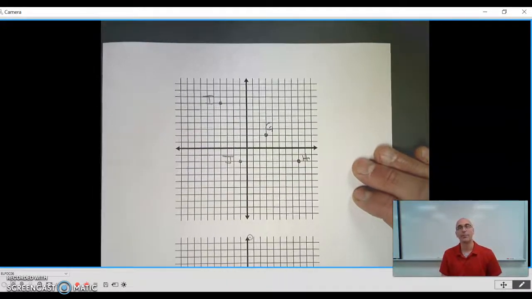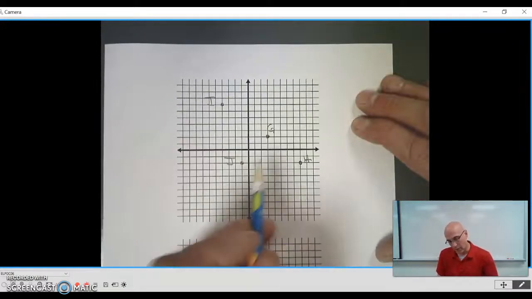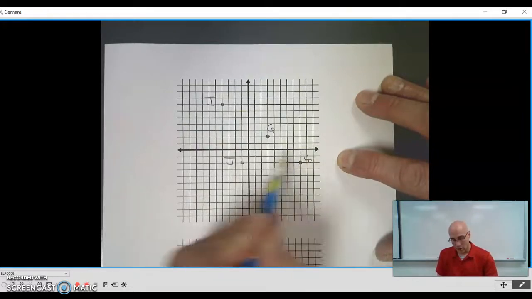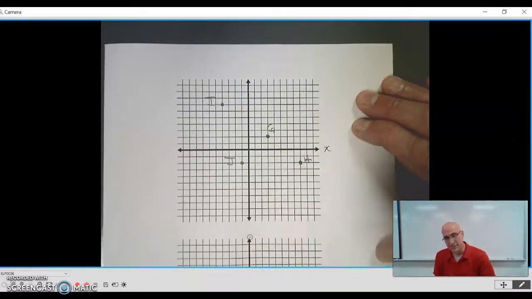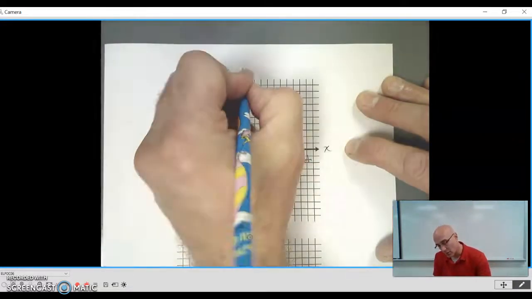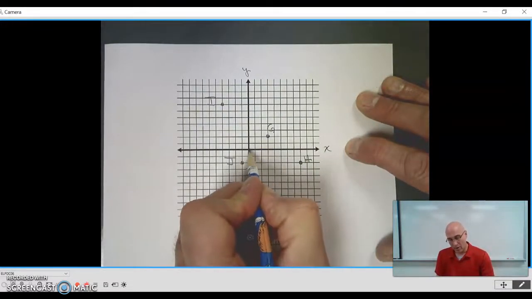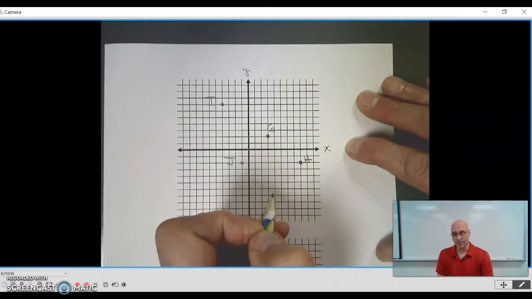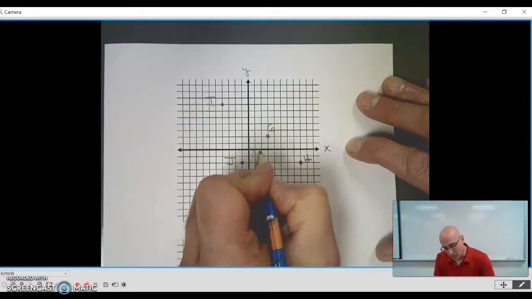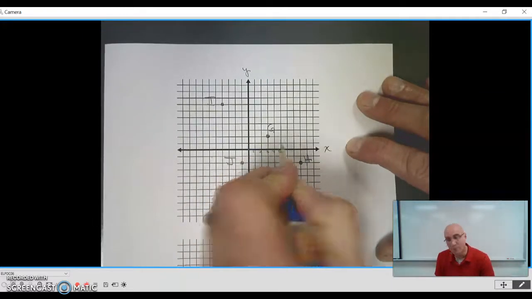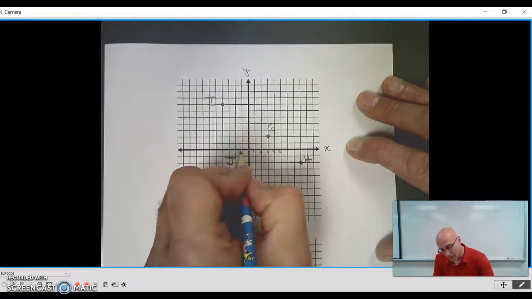All right, so what we can do is we have a larger coordinate plane. We have 2 axes. The horizontal axis is always your x. Your vertical axis is always y. Now, here is the center is called the origin. When we go to the right on the x-axis, those are the positive numbers. 1, 2, 3, 4, 5, etc. When we go on the opposite side of 0, those become negative numbers.